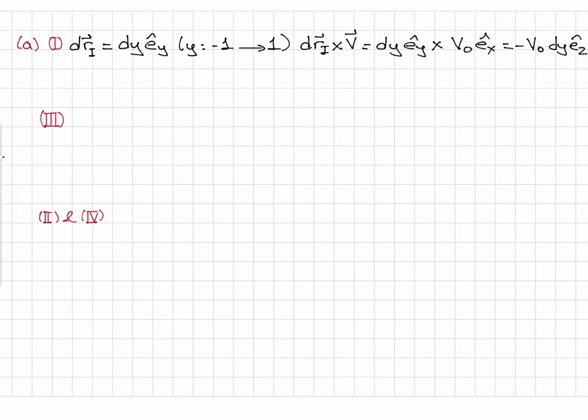So our integral on the first segment, dr cross v, is the integral from -1 to +1 of minus v0 dy ez hat, and the dy gives us a y going from -1 to +1, a factor of 2, so minus 2 v0 ez hat for the first segment.